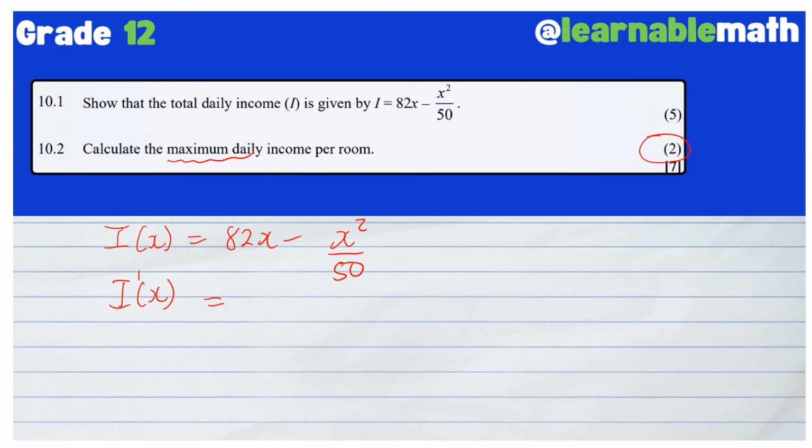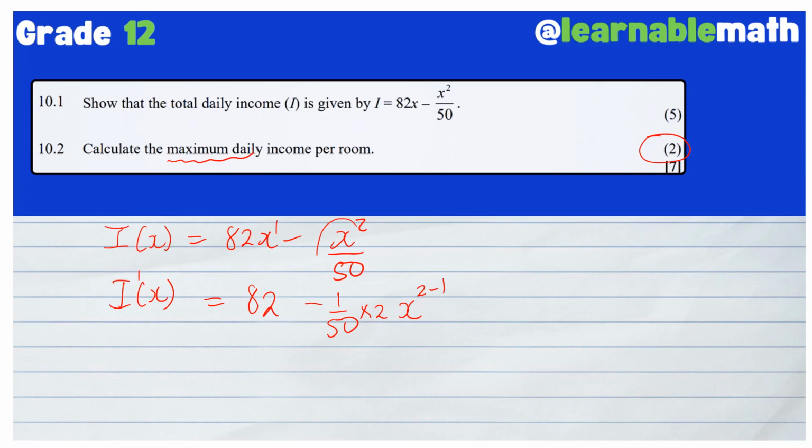Okay, so how do I get the derivative of this? 82x, the derivative of that is what? It's 82, because you bring the 1 at the exponent to multiply 82, then you subtract 1, you have 82x exponent 0, which is just 82. All right, so the derivative of this is like 1 over 50. Okay, x squared, so the 2 will go there, multiply with 2, then on the exponent you subtract 1.